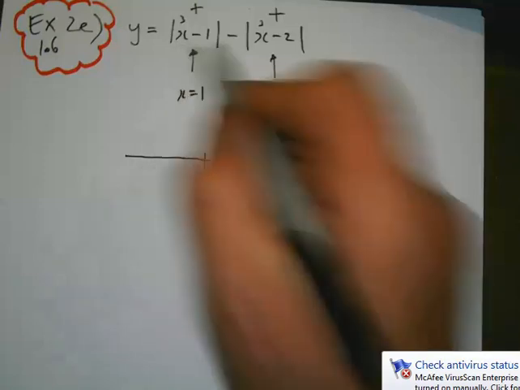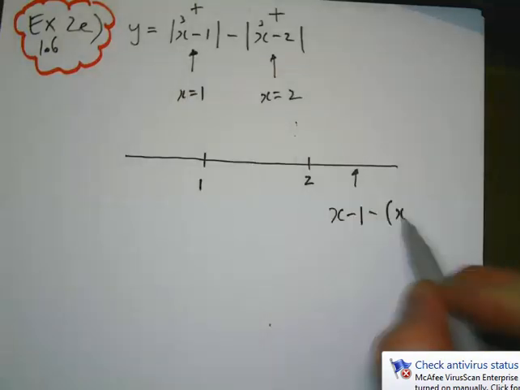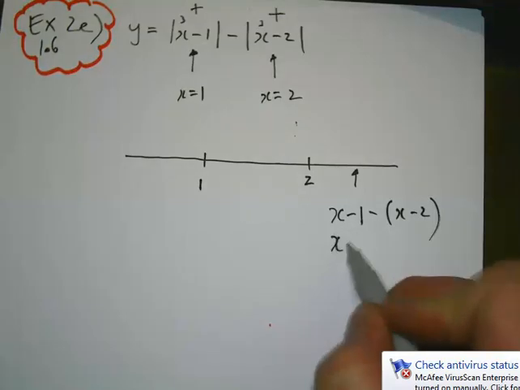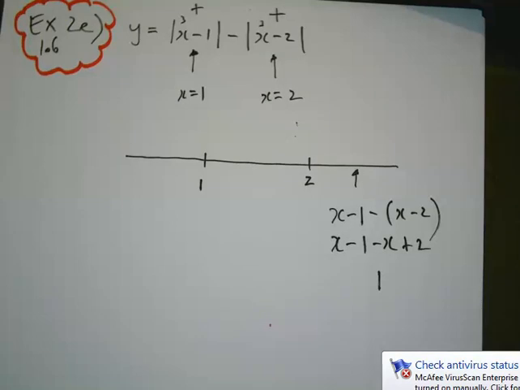So this is going to equal x minus 1 minus, x minus 2, x minus 1 minus x plus 2. The x's cancel and that leaves me with 1. So y equals 1 when x is greater than 2.